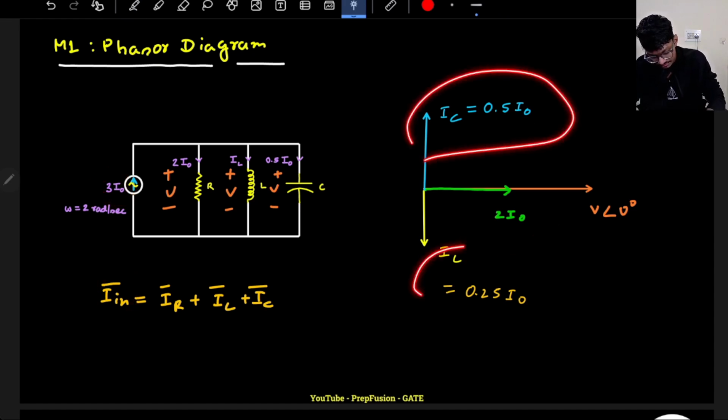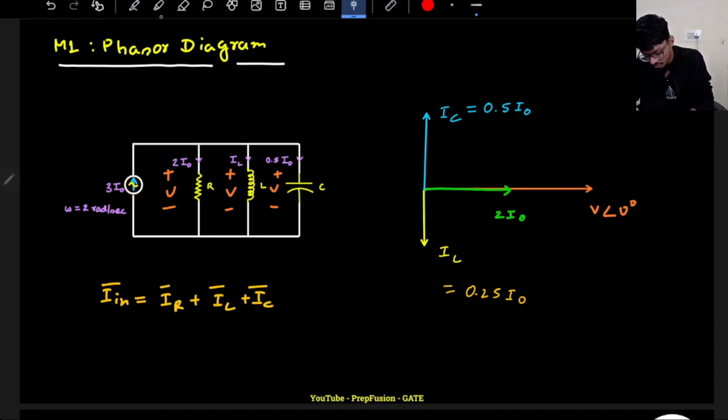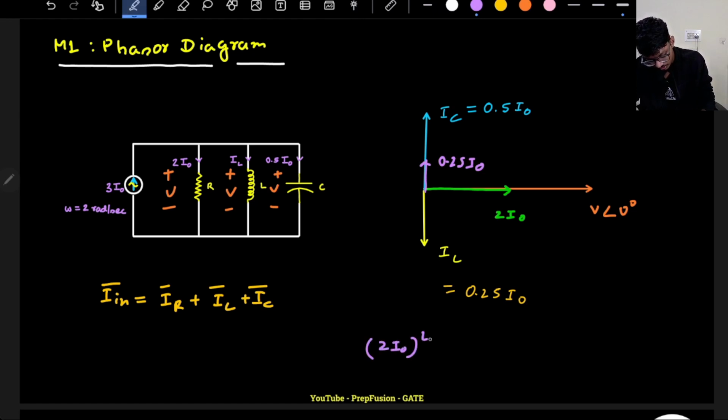So if this is the case, what is the magnitude? These will cancel, since IL is opposing IC. So ultimately the resultant here will be a value of 0.25 I naught, because IC is greater, so somewhat I will go above the voltage. The resultant of these two vectors is the square root of 2 I naught whole square plus 0.25 whole square.